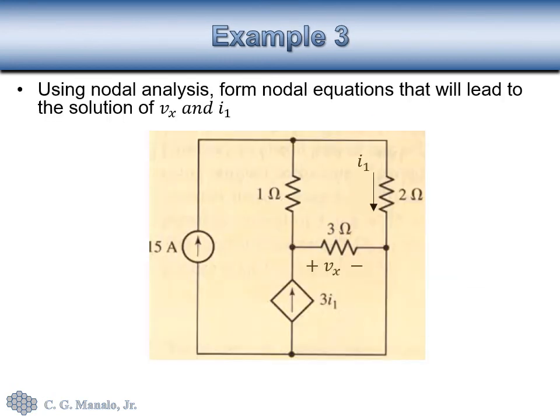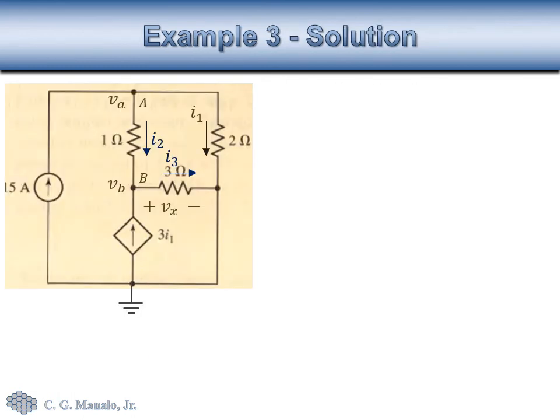Okay, let's go through our last example. In this last example, we're required to get V sub x and I sub 1. So let's proceed to the solution. I already assigned the ground node here, and also assigned the remaining nodes, including the potentials for the nodes, and also assigned arbitrary currents through each of the elements.